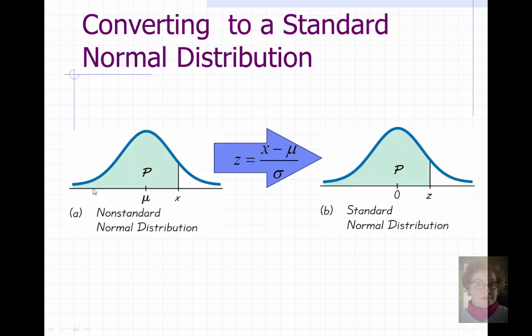Imagine that if we had every possible combination of mean and standard deviation, we would have rooms and rooms full of books of tables. So we needed to be able to take any normal distribution and standardize it so that we could use that one table.